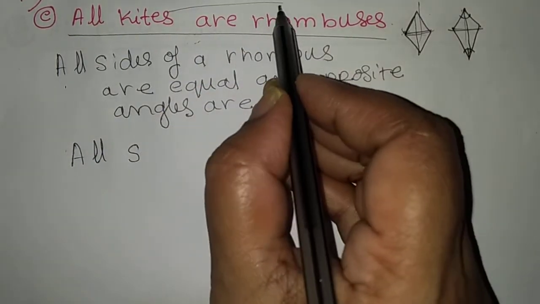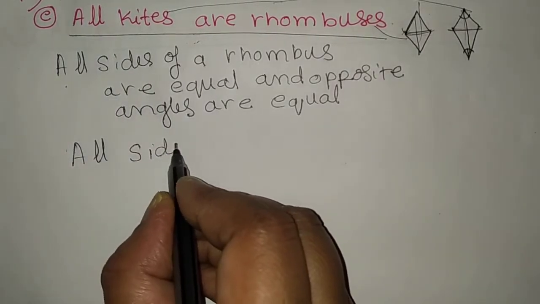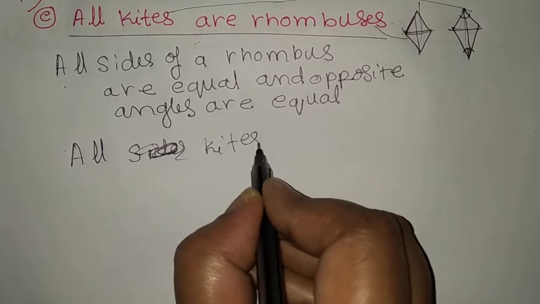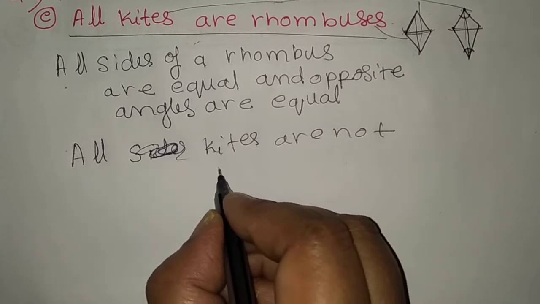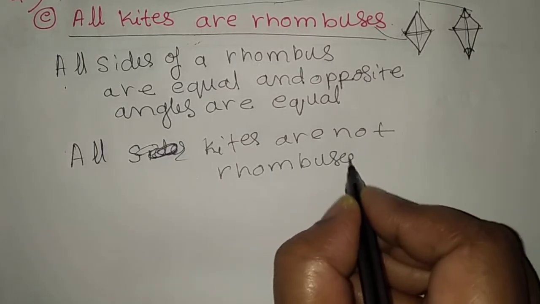This one is a kite and this one is a rhombus. So all kites are not rhombuses. So here is the only difference.